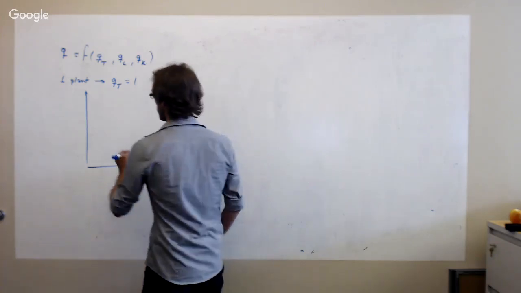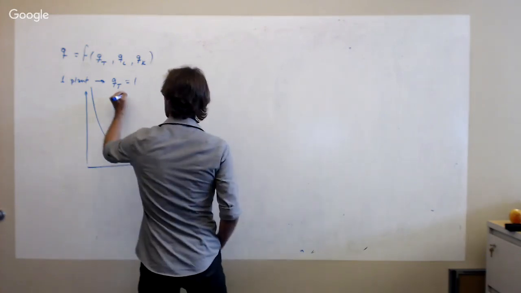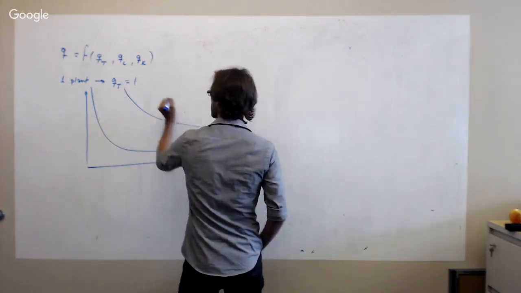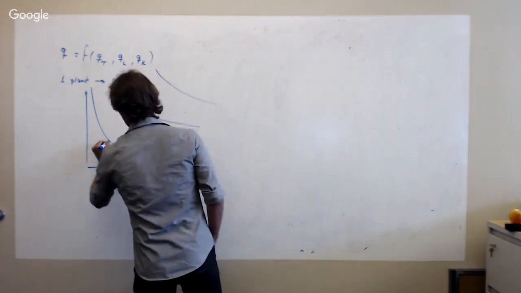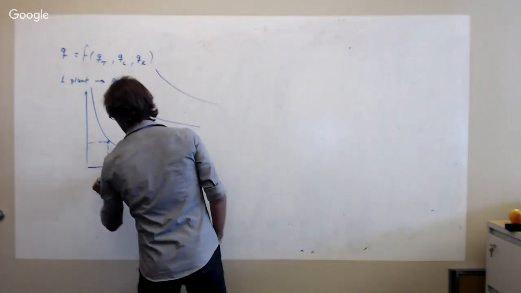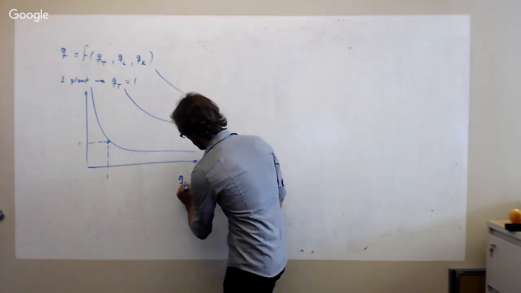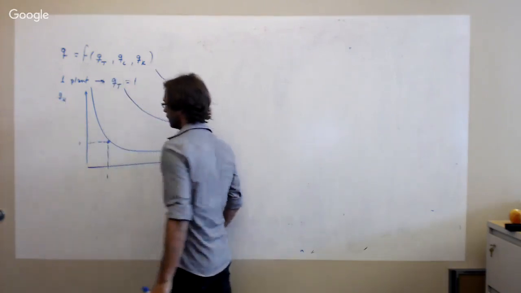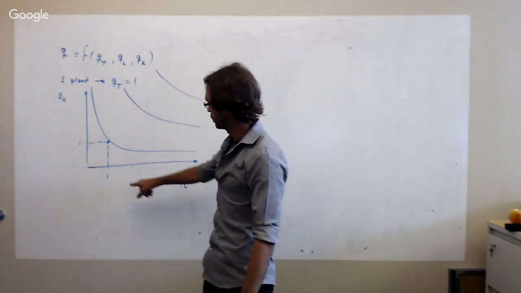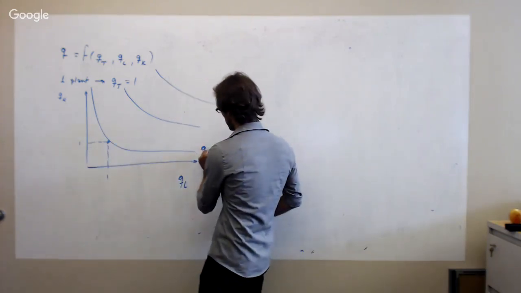You can draw isoquants. Let's make these isoquants something like this. I'm going to try to keep the example as simple as possible. Let's say this is the quantity of labor that you use, and this is the quantity of capital.